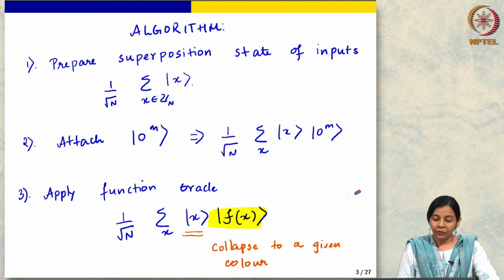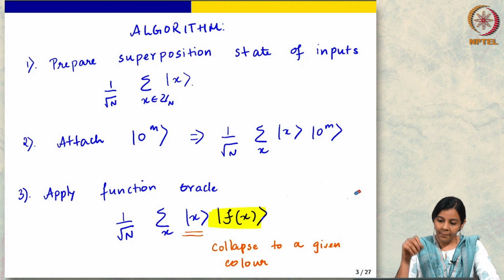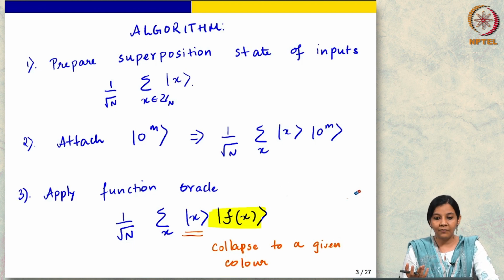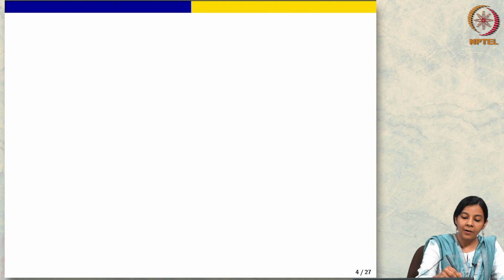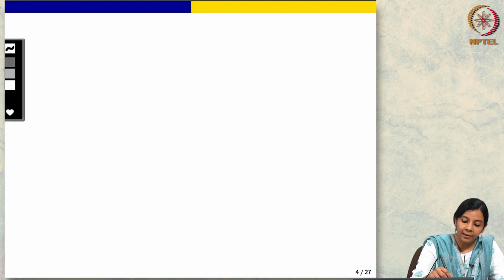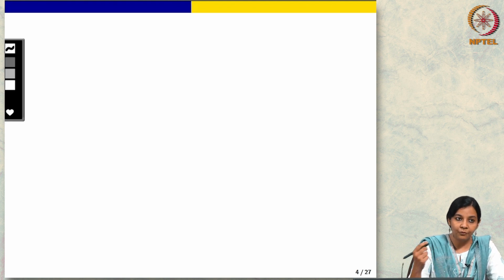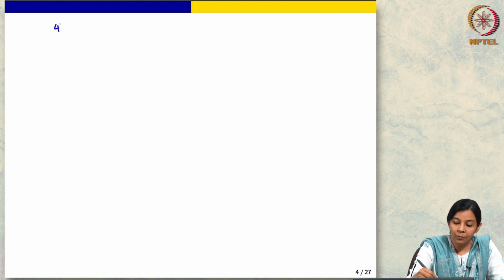Okay, good. So let us come back to this. What we were saying was that if we simply measure the input registers at this stage, we will not get something that we can use. So therefore, we will apply our main powerful tool, which is the QFT.